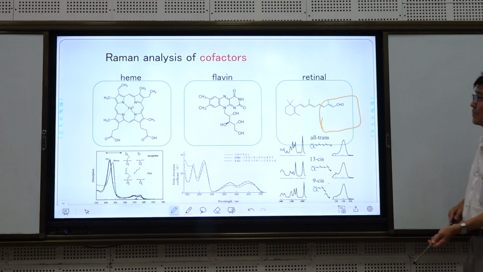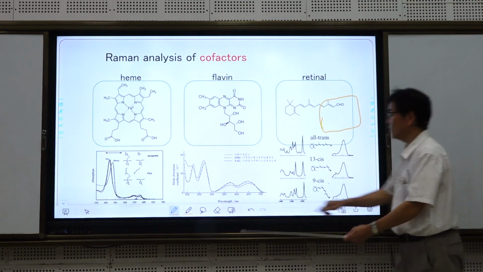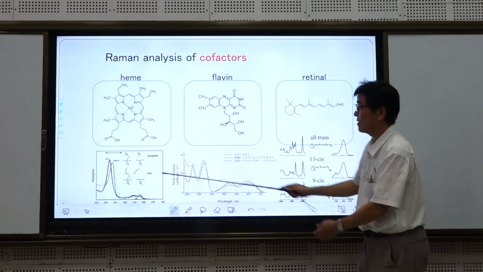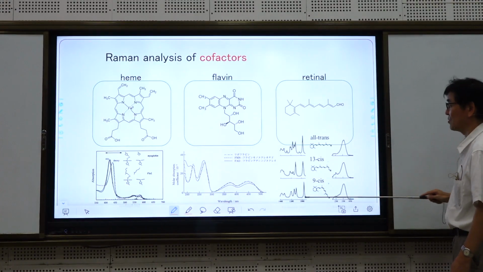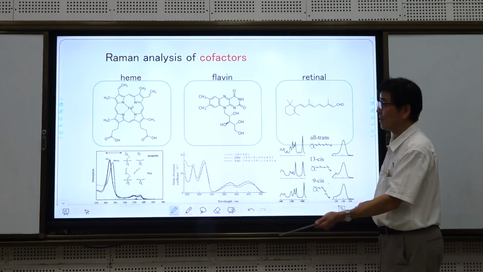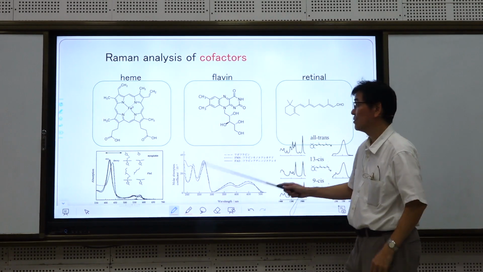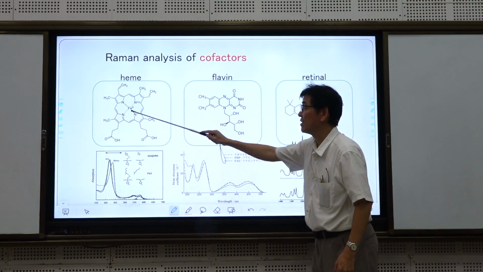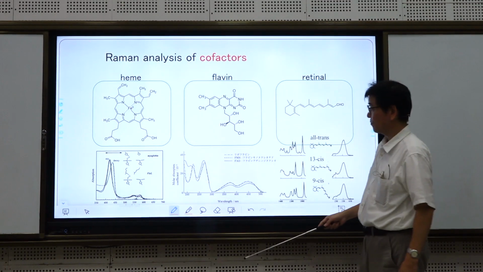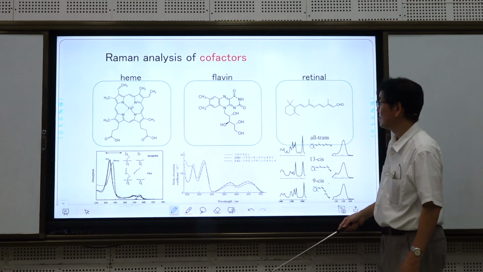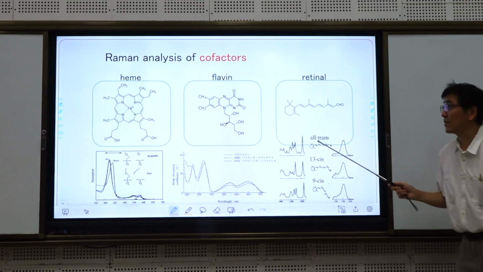In this case, resonance Raman spectroscopy is there. Heme, flavin, retinal have absorption in the UV or visible region, so we can tune the excitation wavelength to achieve resonance enhancement. Okay? So they are well-studied cofactors.